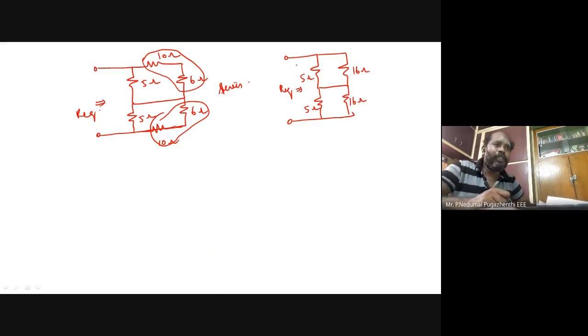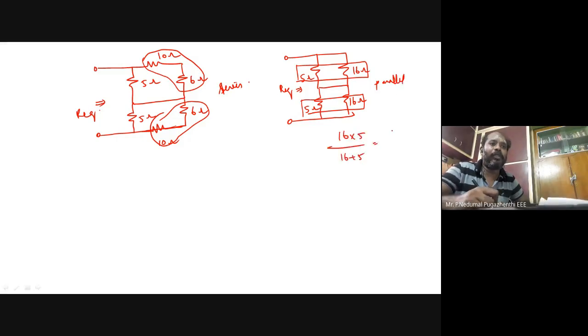If you find these two combinations, they are parallel. So 16 into 5 divided by 16 plus 5, how much? 80 divided by 21. How much do you get? 3.8. So this is going to be 3.8 ohms.